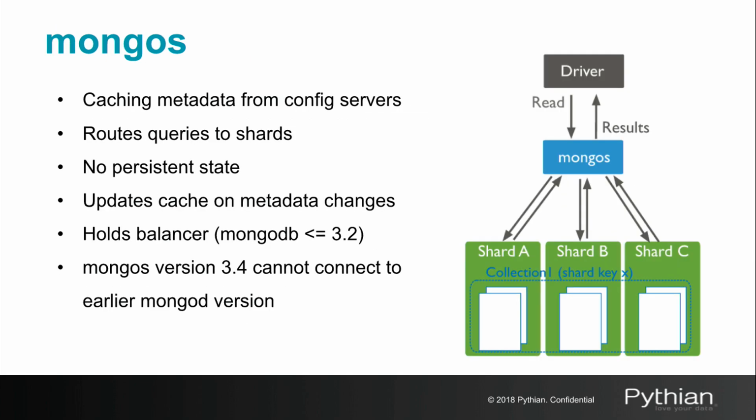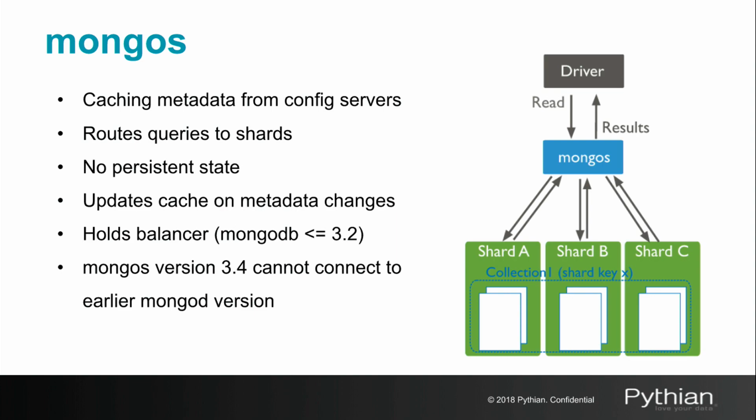The third part of a sharded cluster is the mongos processes, which cache the metadata from the config servers and route the queries to the shards. The driver communicates with the sharded cluster through a mongos, and mongos updates its cache on each metadata change that happens on the config servers. So it does not have a persistent state, but each time there is a metadata change, mongos updates its state.